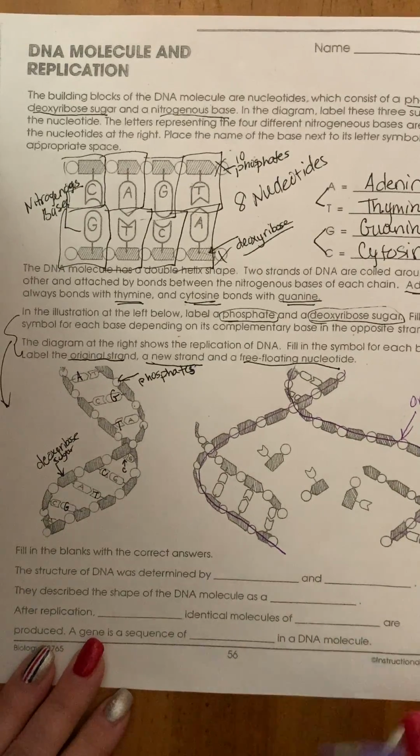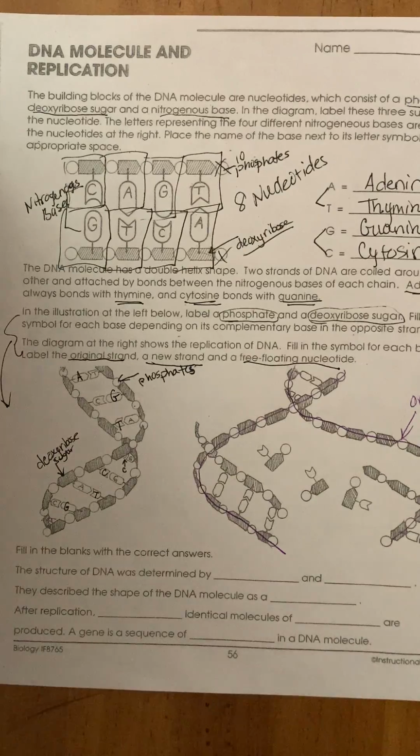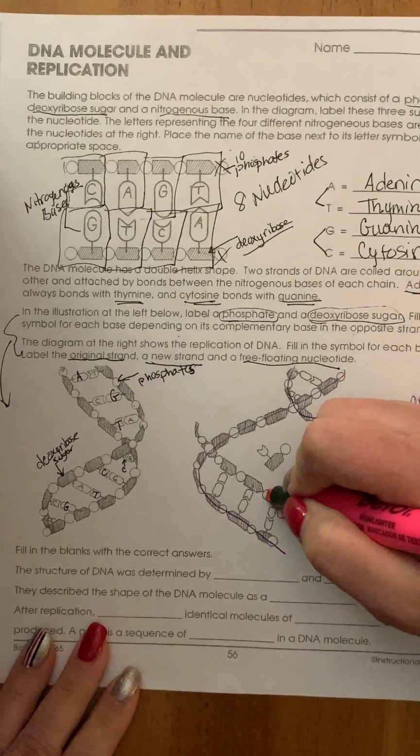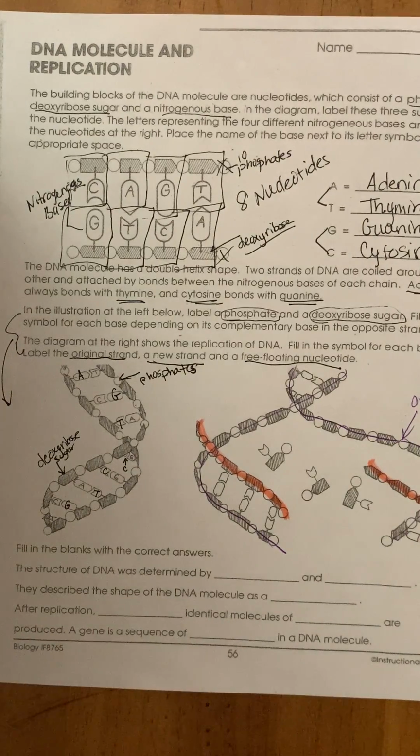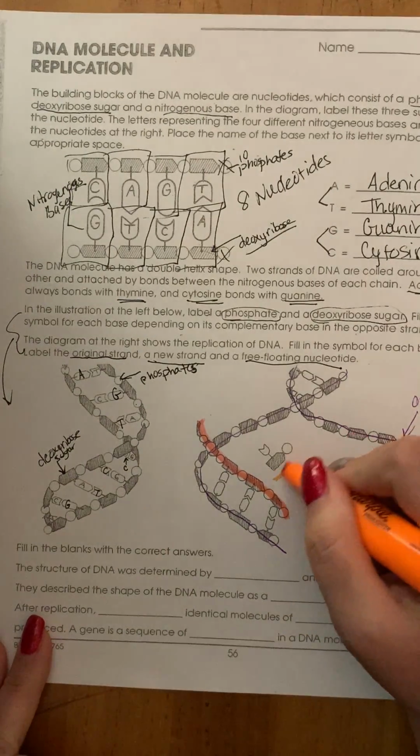The new strand is going to be built from the bottom. So let me get a highlighter, the pink one. Okay, so this right here that I'm highlighting pink is where it's building the new strand. Starting at the bottom, I'll use orange, and I'm going to circle these three right here.